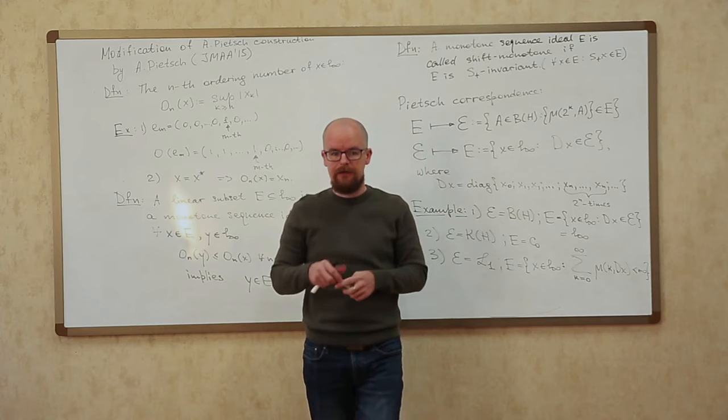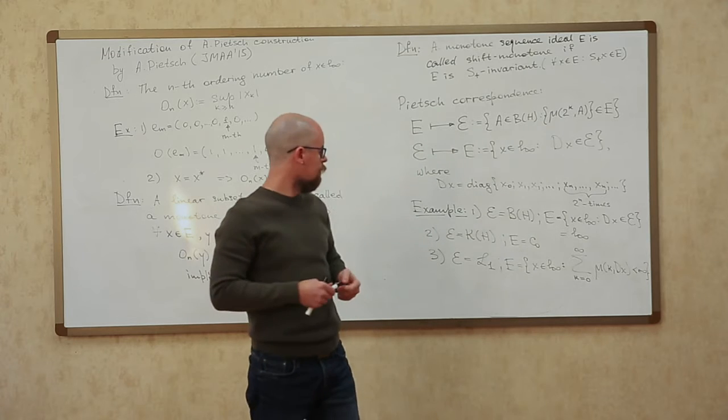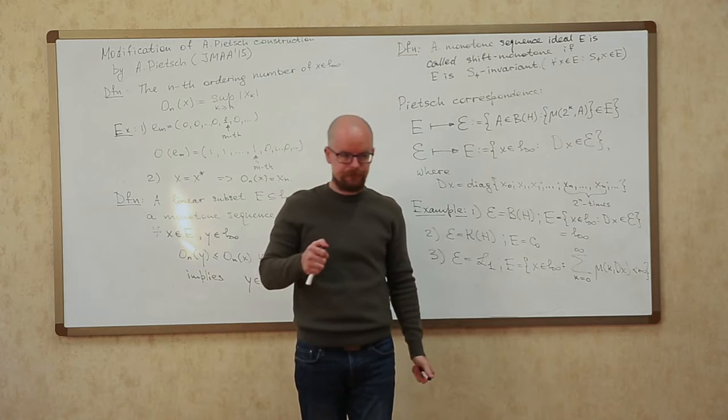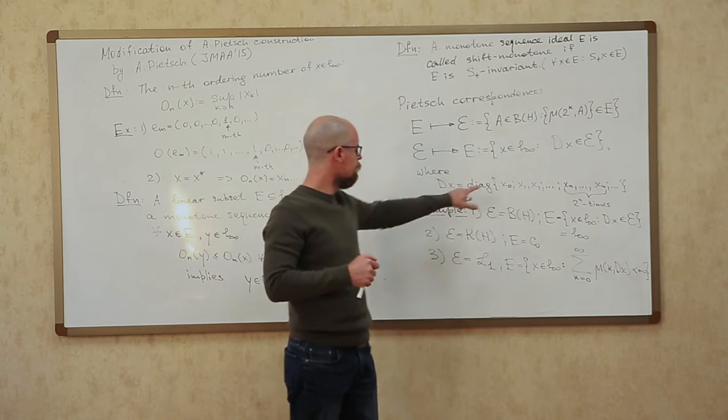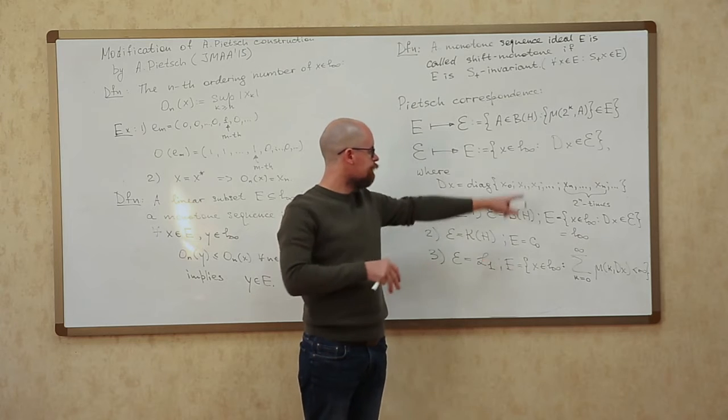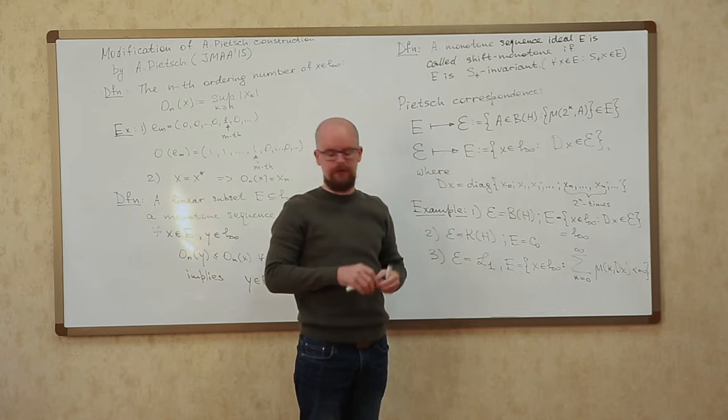We have that every term, first of all, is positive, we take the absolute values of x, and every xn is repeated 2 to the power of n times.